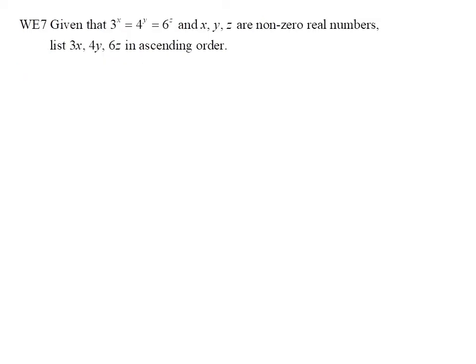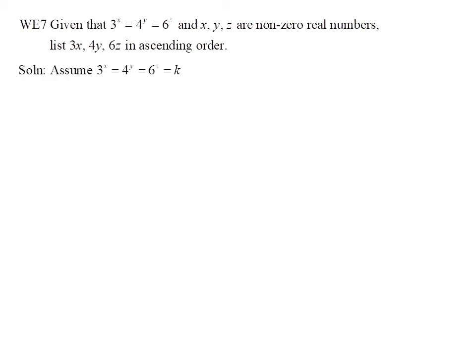Example 7 presents two simultaneous exponential equations. 3 to the x equals 4 to the y equals 6 to the z, where x, y, and z are non-zero real numbers. The question is to make a comparison among 3x, 4y, and 6z.